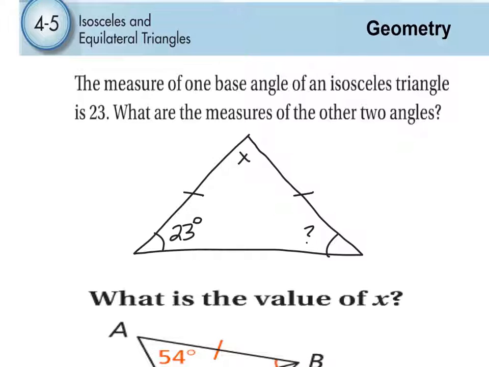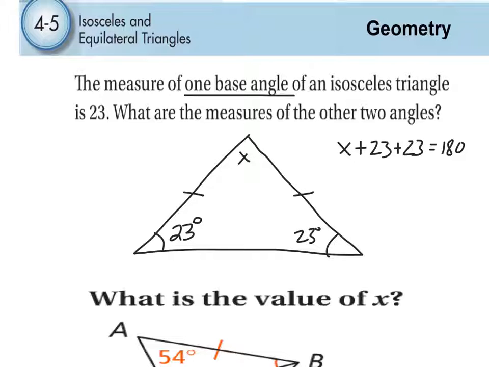Okay, so as you drew your picture, if it's an isosceles triangle, since it says one base angle is 23, that means the other base angle is going to be 23. Both base angles are going to be the same every time in an isosceles triangle. So I'm going to be able to take x plus 23 plus 23, set it equal to 180.